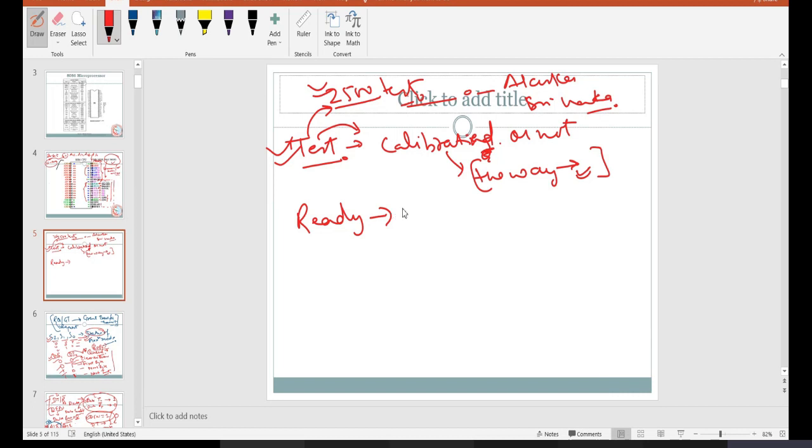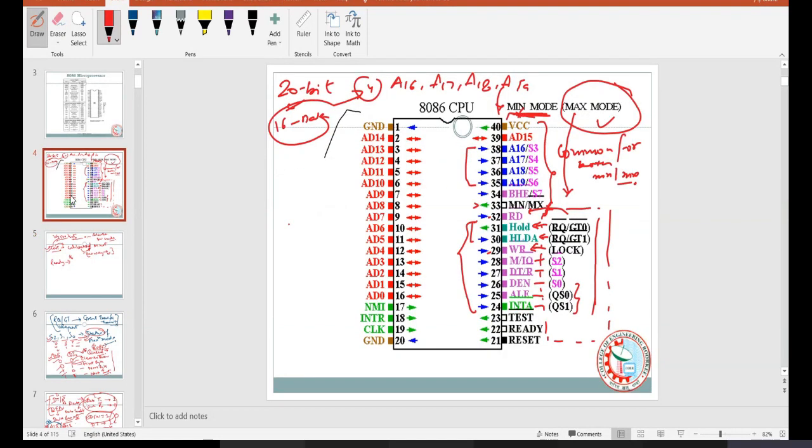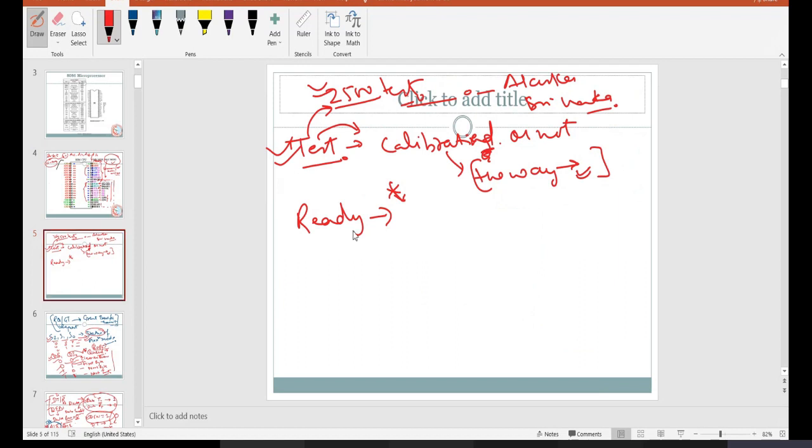If the processor is ready, it will reply from somewhere in the pins, but if it is not ready, it will not reply by any input output. Fine, so that makes us understand that the processor is already occupied somewhere doing something, maybe involved in a task. Fine, so next is your reset. Reset is to reset many things inside.